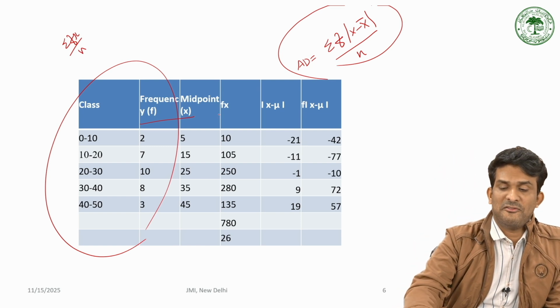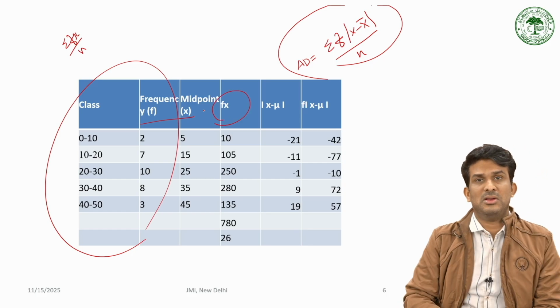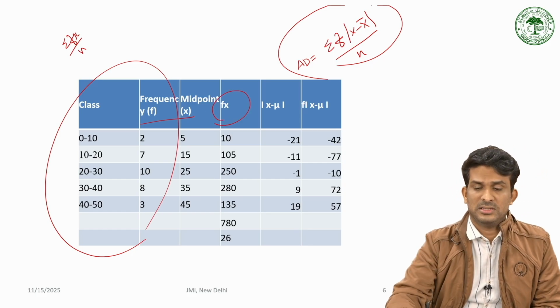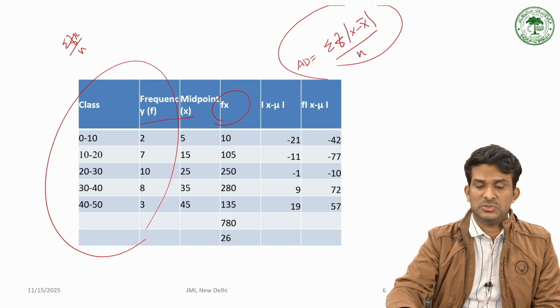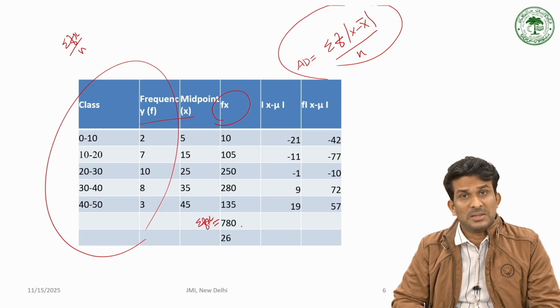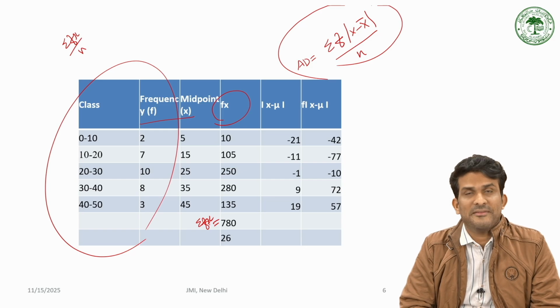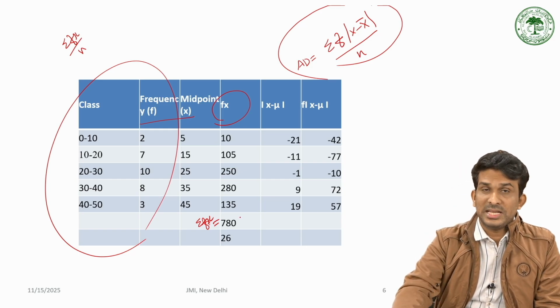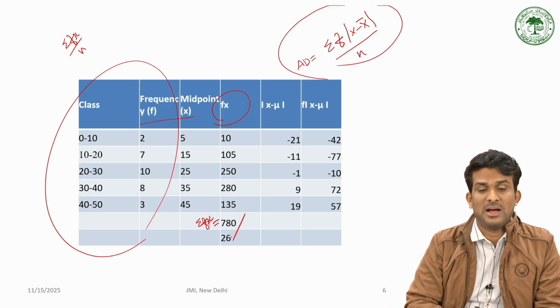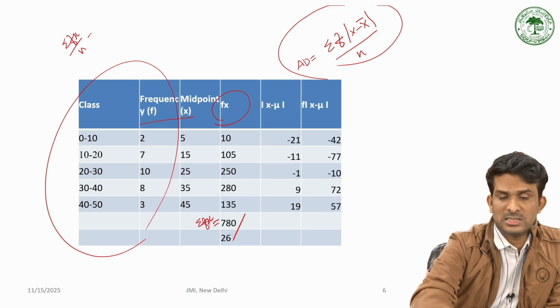Go for fx. I got another value, fx: 10, 105, 250, 280, 135. Sigma fx is 780. 780 divided by n, sigma fx by n.